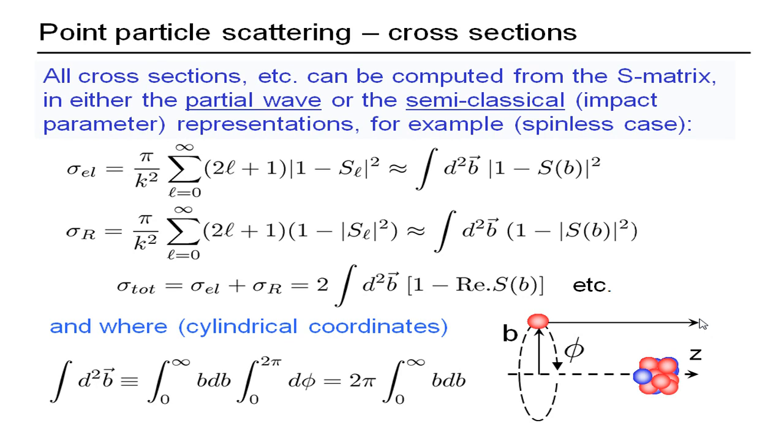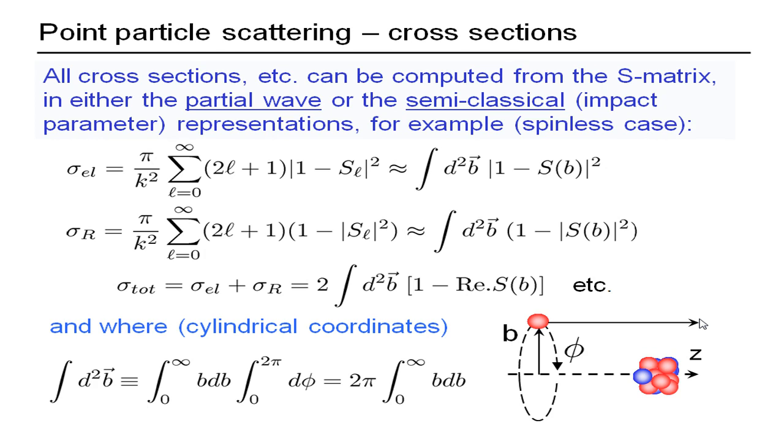You can see that pi over k squared times the sum of 2L plus 1 is exactly what you need to turn this into an integral over all impact parameters of an S matrix element with a continuous variable. We will get used today to cross sections that look like combinations of stuff like this, rather than pi over k squared sum 2L plus 1.